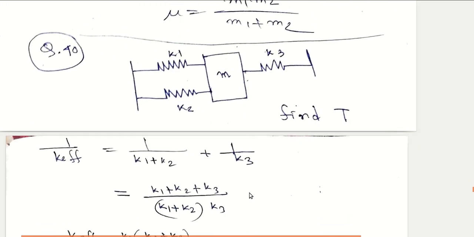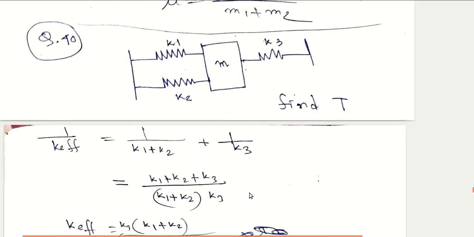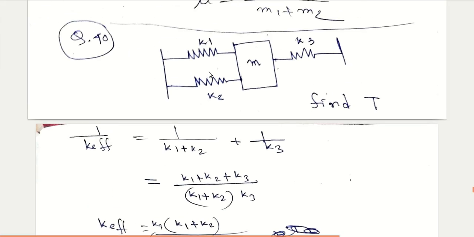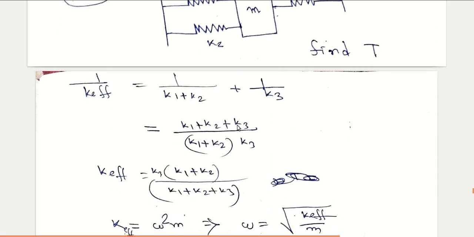Now in the 40th question you are given a system which has two springs K1 and K2 and another spring K3 here, and you need to find the time period of oscillation. As you can see, these springs are in parallel, so the effective spring constant will be K1 plus K2, and this is in series with K3, so 1 by K effective will be 1 by K1 plus K2 plus 1 by K3, which is K1 plus K2 plus K3 by K1 plus K2 into K3.